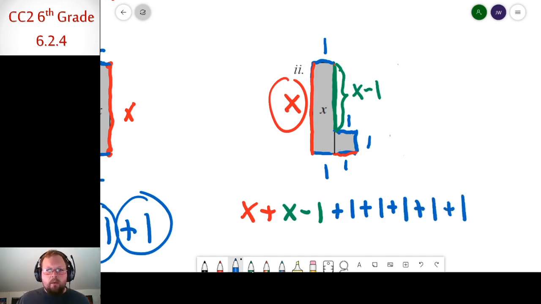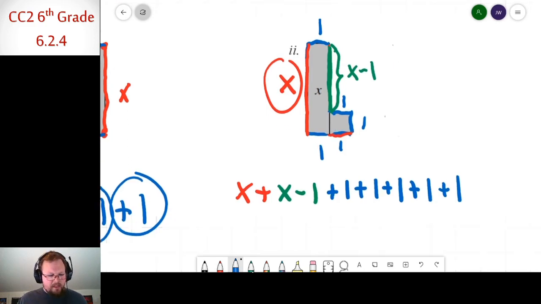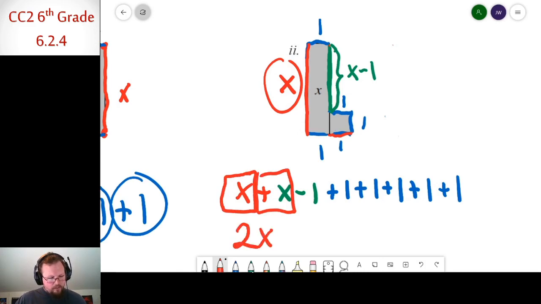And you see right away why combining like terms is important, because this is not a pretty expression. So let's combine all of our x's. This is a 1x. This is also a positive 1x, which gives me a total length of 2x's.